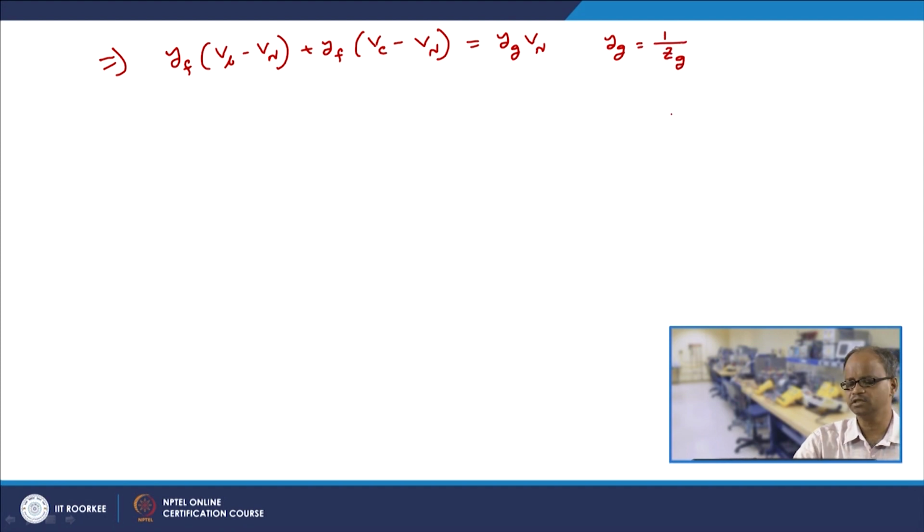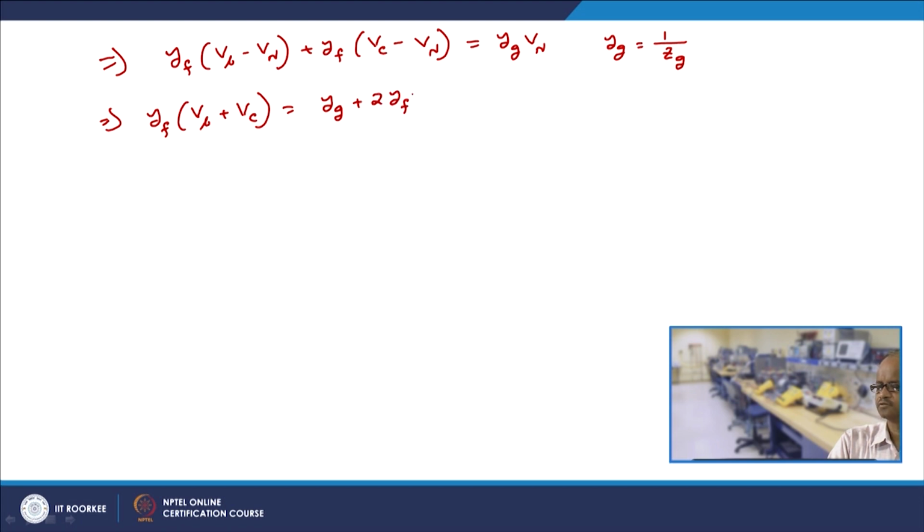Please note that Yg, Yf, Zf, Zg are essentially complex quantities, but just for the sake of brevity we are not putting the overbar. So we get Yf into (Vb plus Vc) is equal to Vn into (Yg plus 2Yf).